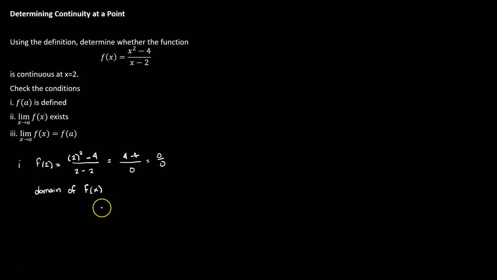In this case, we can look at the denominator. We see that x minus 2 has the potential of being equal to 0. If that's equal to 0, then our function is undefined. So let's set our denominator equal to 0 and solve. The value x equals 2 causes f of x to be undefined.